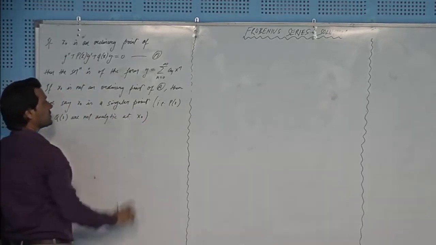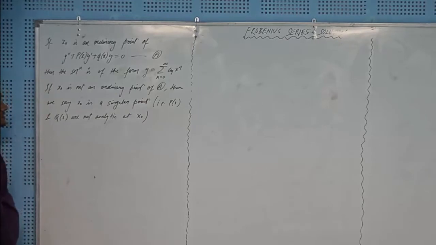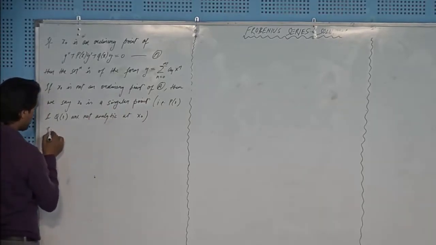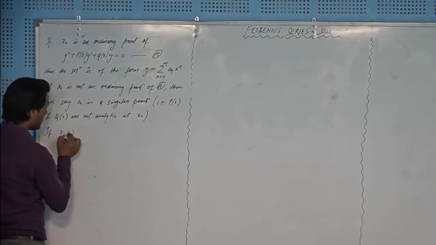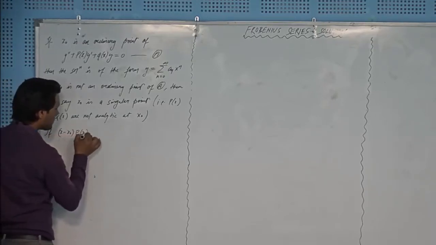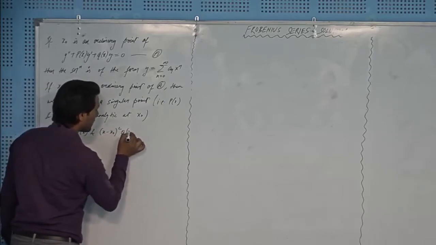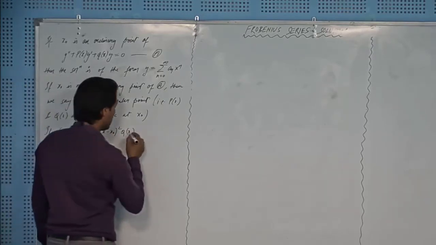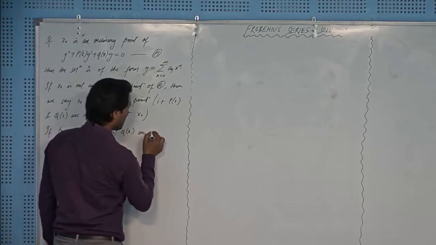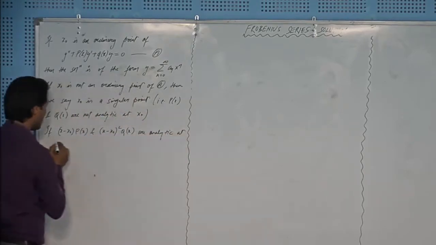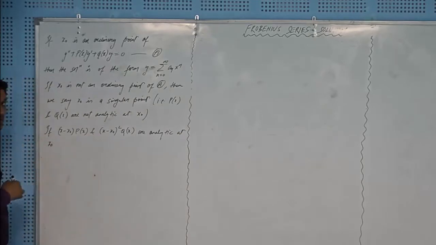So there are two cases after this. After having a singular point, there are two cases. If x minus x naught multiplied with px and x minus x naught whole square multiplied with qx are analytic at x naught, right?